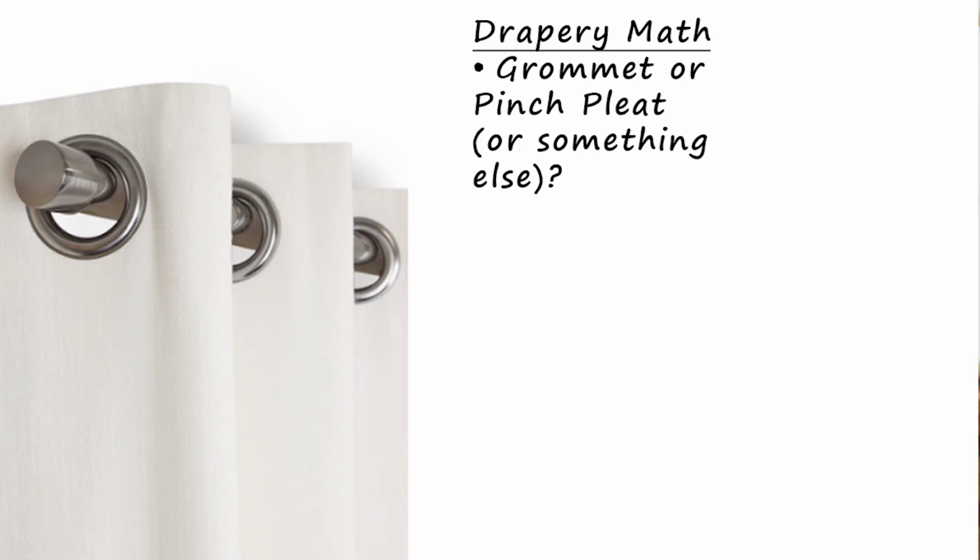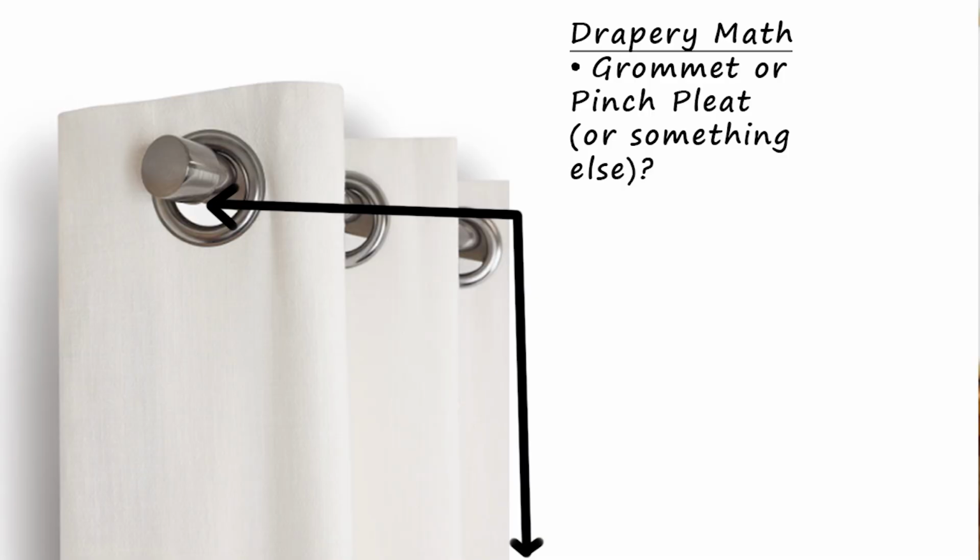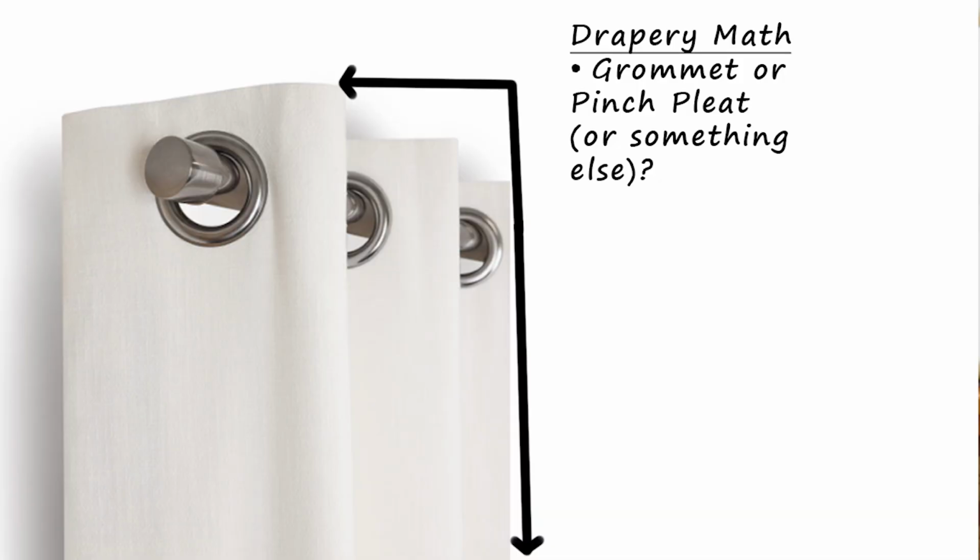Remember when I said that there are lots of variables for drapes? Well, here are a few other considerations that will affect how you measure. Are you getting a grommet or pinch pleat drapery? Or one of the other styles such as cartridge pleat, ripple fold, rod pocket, etc. Each of those could affect how you would measure for the drapes. A grommet drapery, as an example, won't measure the same as a pinch pleat because in the last example, we were measuring from the bottom of the rod down. But as you'll notice, a grommet style drape sits above the rod.